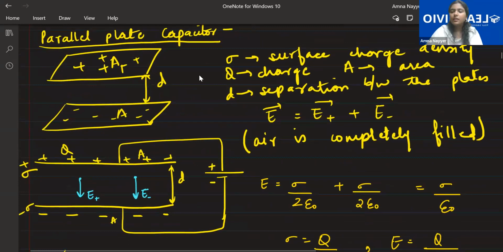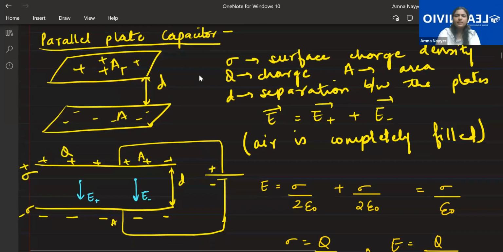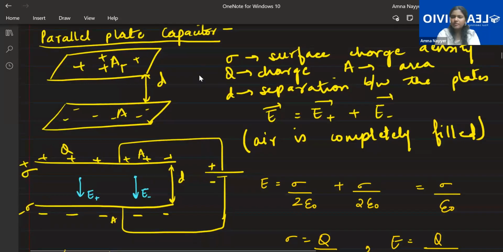I'll explain you again. See, Raneem, in parallel plate capacitor, whatever things were left, only those I'm completing. Then with fresh current electricity, we'll start. Because you have written the capacitor things, no? What is a capacitor and all? That you know what is meant by a capacitor. That also we discussed, I think.